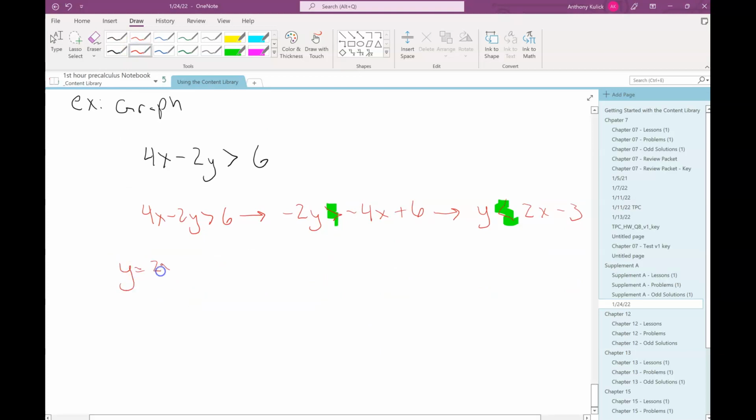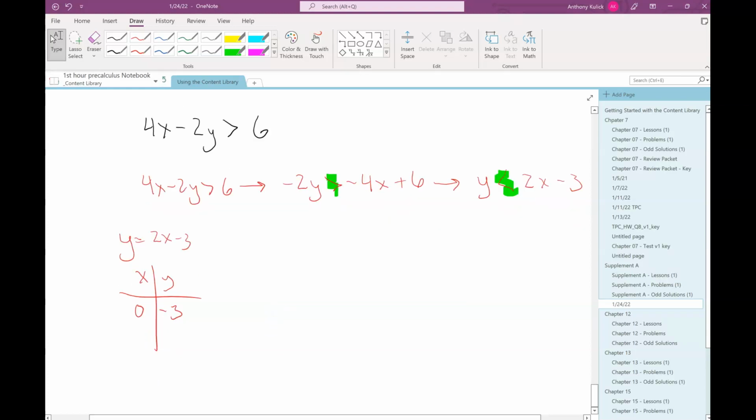So then I'm going to pretend that I just have an equation and use that to graph my line. So maybe I'll use the point 0, and when I plug 0 in for x, I get -3. And then maybe I'll use the point, I don't know, 3 when I plug that in. 2 times 3 is 6, and -3 then is 3. Again, there's nothing magic about the 2 points I chose.